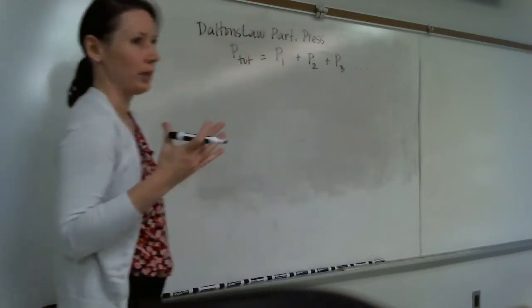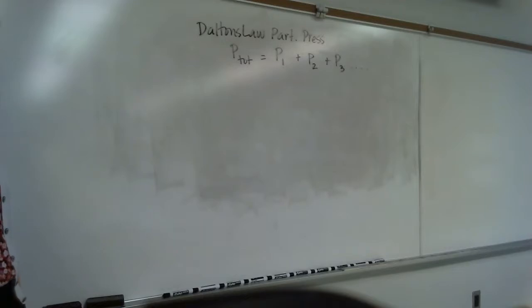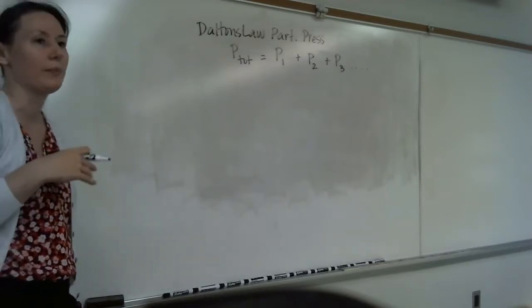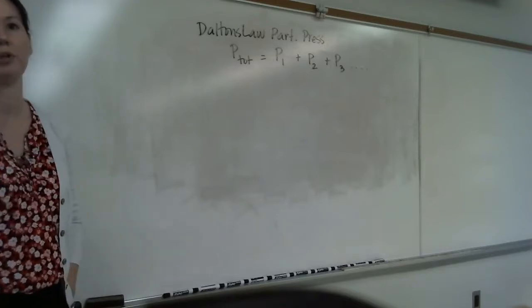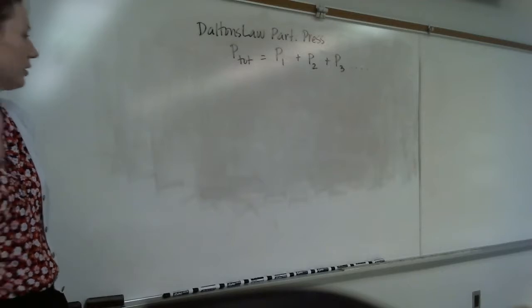If you've got a mixture of gases inside a vessel, or like we're breathing right now, total atmospheric pressure is equal to the pressure of gas number 1 plus the pressure of gas number 2 plus the pressure of gas number 3, et cetera.